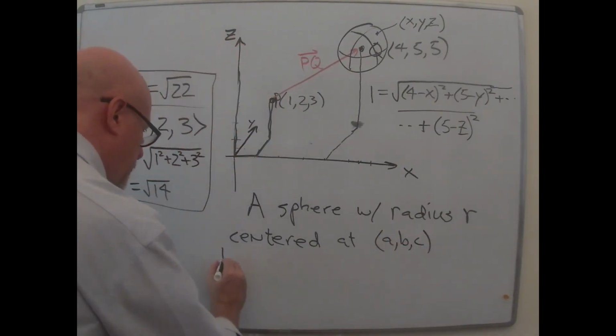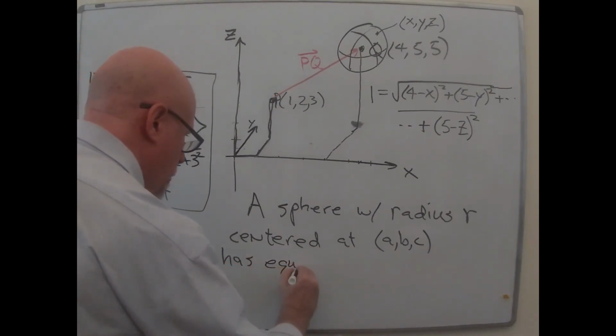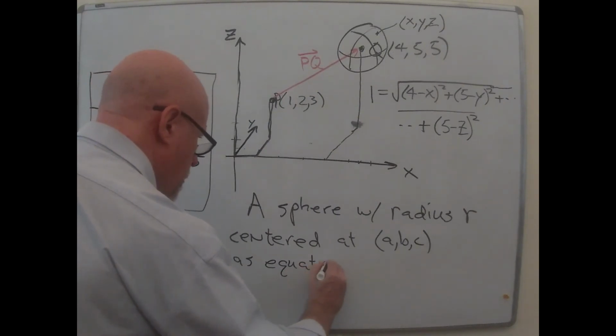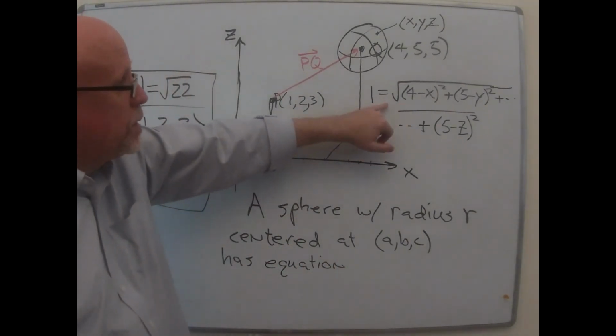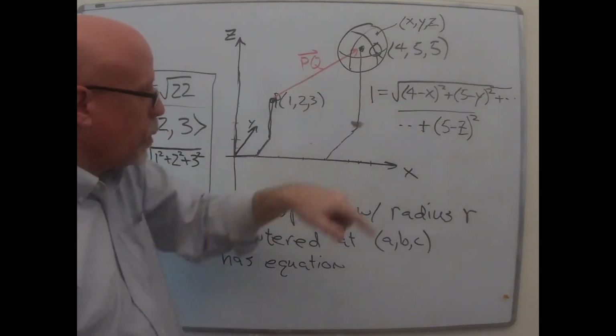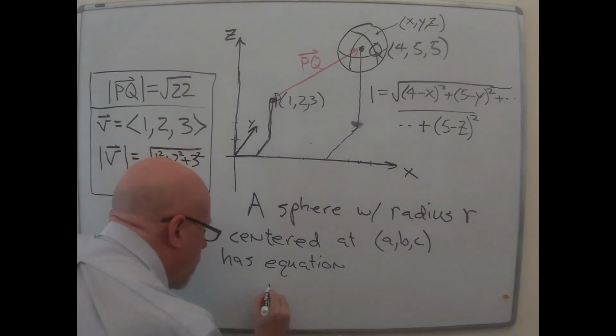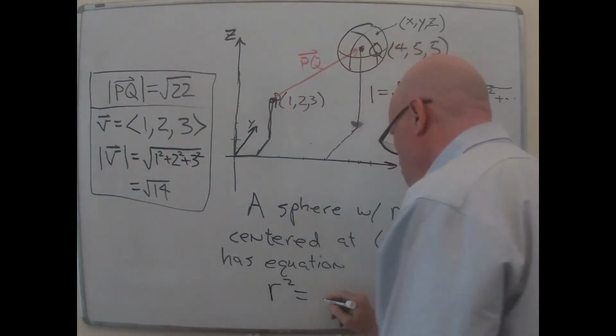Well, what is its equation going to be? Let's do the thing I just mentioned. The distance, of course, will come out to be r rather than 1, but we're going to also square both sides of that. So r squared is equal to, what do I have?